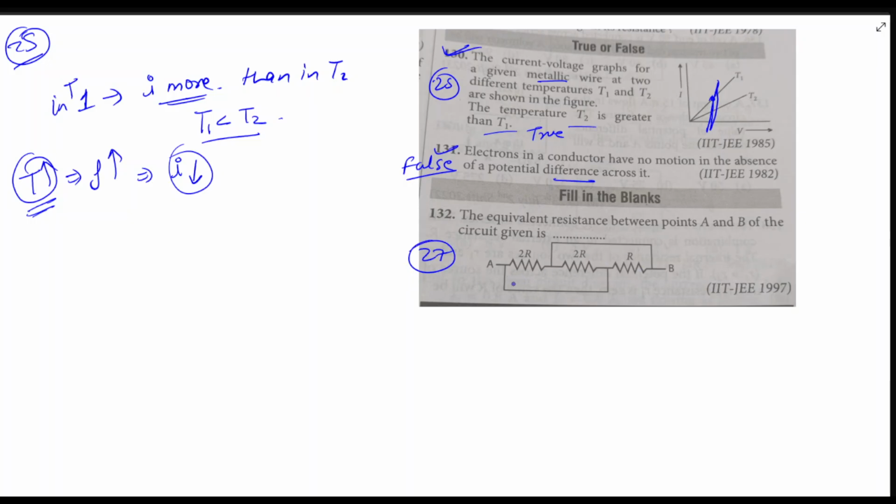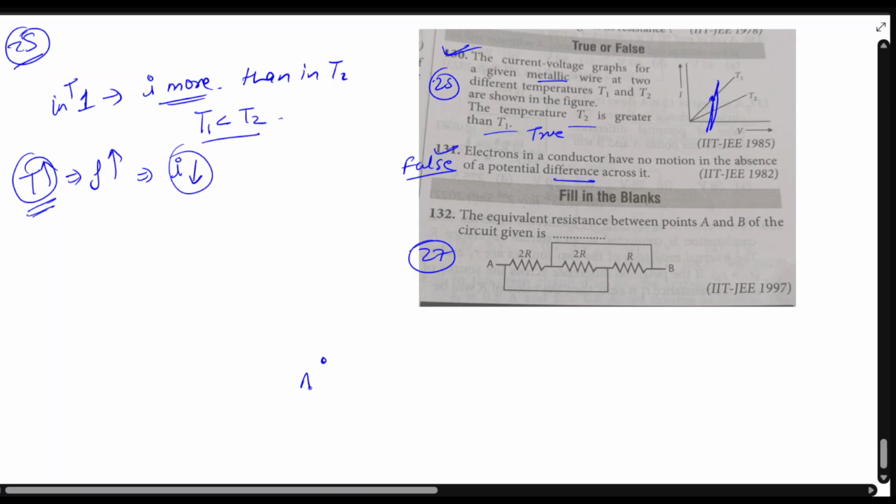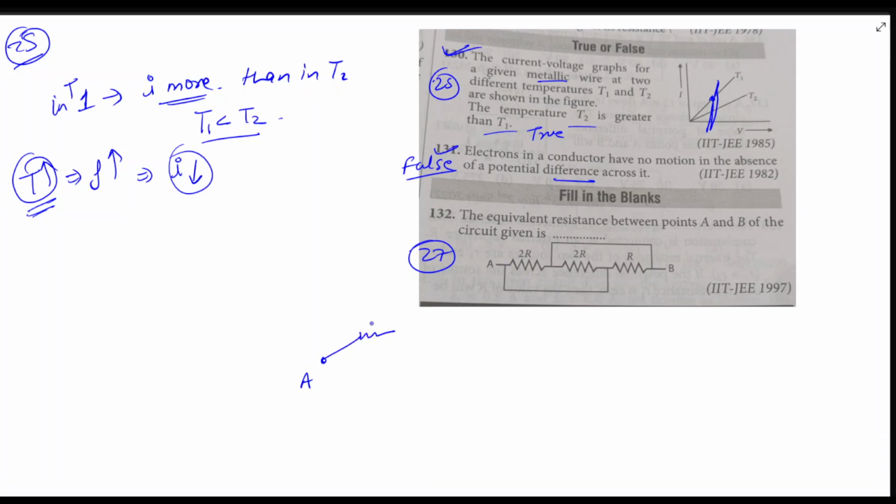So this is a simple question. Look, this is A. Now one end of this 2R resistance is connected with A and the other end is connected with B. Okay, similarly this 2R, one end is connected with B and the other end is connected with A, right? Because the potential is the same.